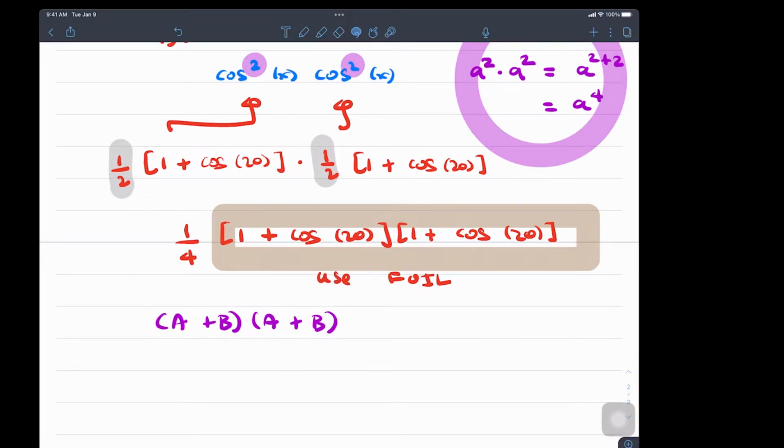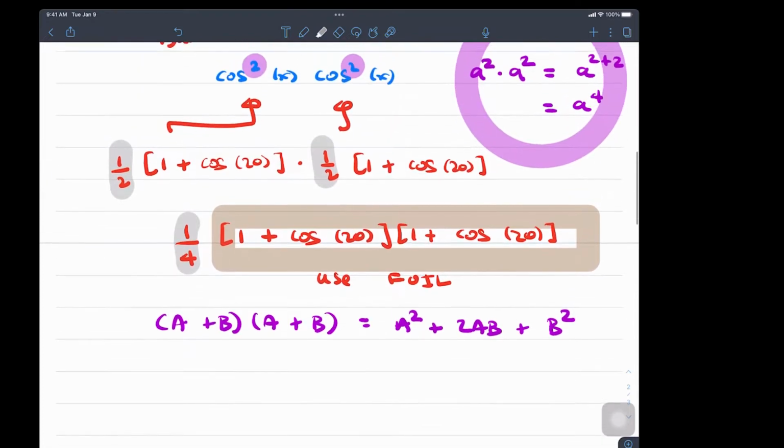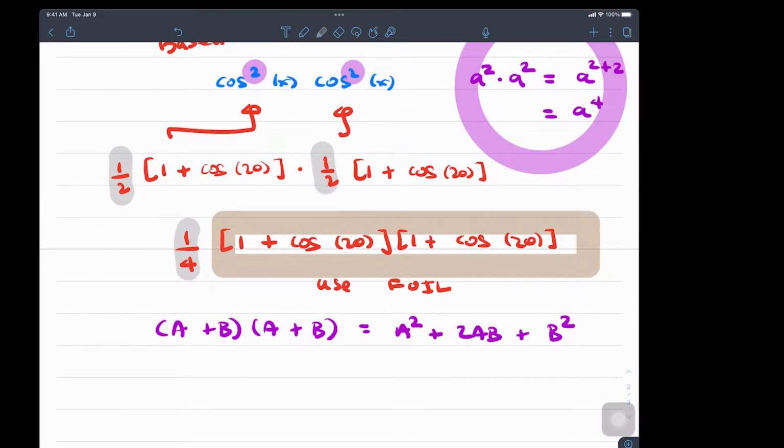Okay, this is first, outer, inner, last. What you're going to end up with here is a squared plus 2ab plus b squared. Okay, so just going to go back and say this is where the 1/4 came from, because it's 1/2 times 1/2. So again, this is the algebra you use, this very special formula here.